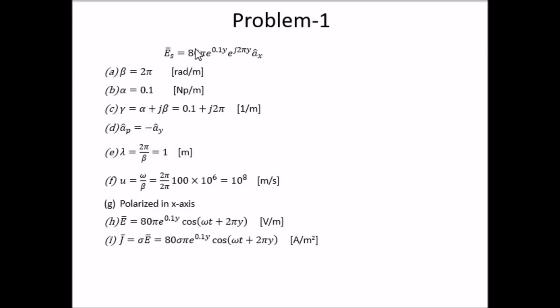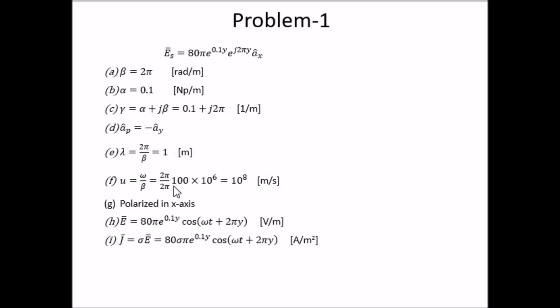So here you see the solution to the problem. Alpha, the attenuation constant, has the unit nepers per meter, and the propagation constant has the unit 1 over meter. The propagation direction is negative a_y. Lambda equals 2 pi over beta, which is 1 meter, and the propagation speed is omega over beta.